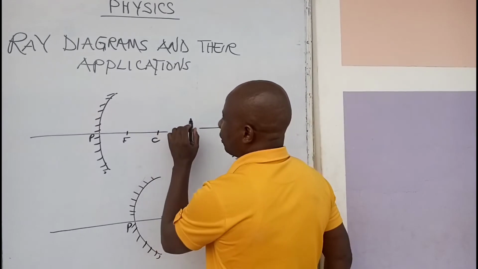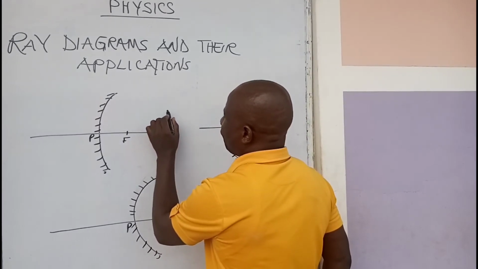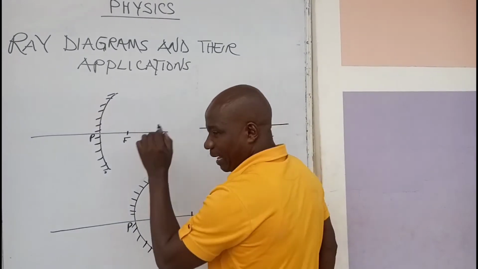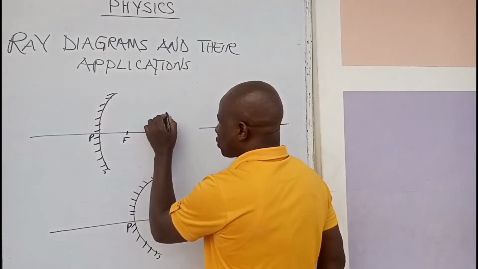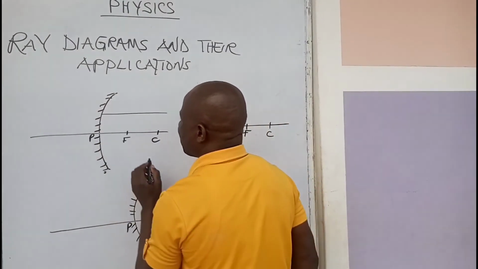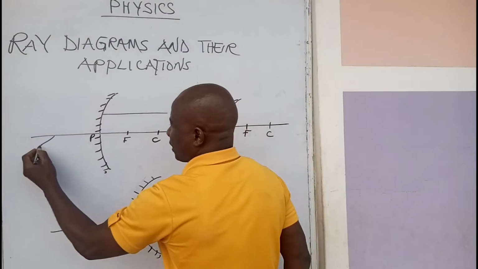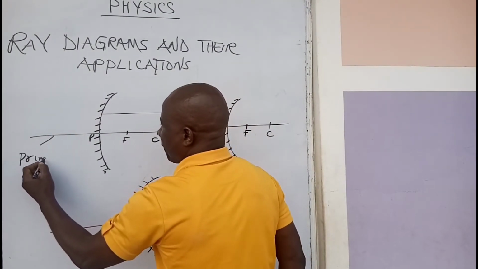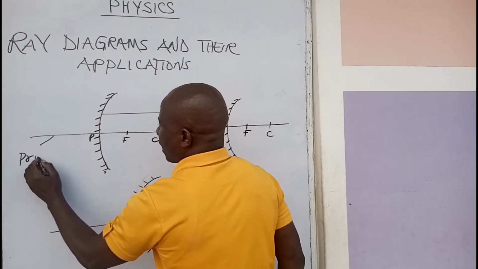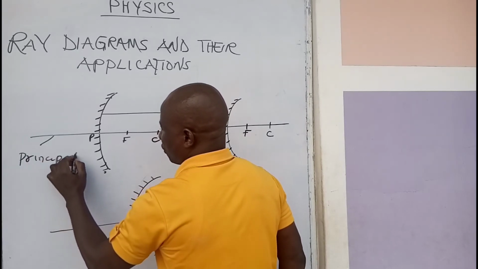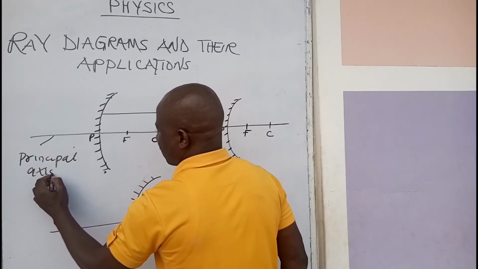The first one says that any ray that is close and parallel to the principal axis. Where is our principal axis? This is our principal axis.